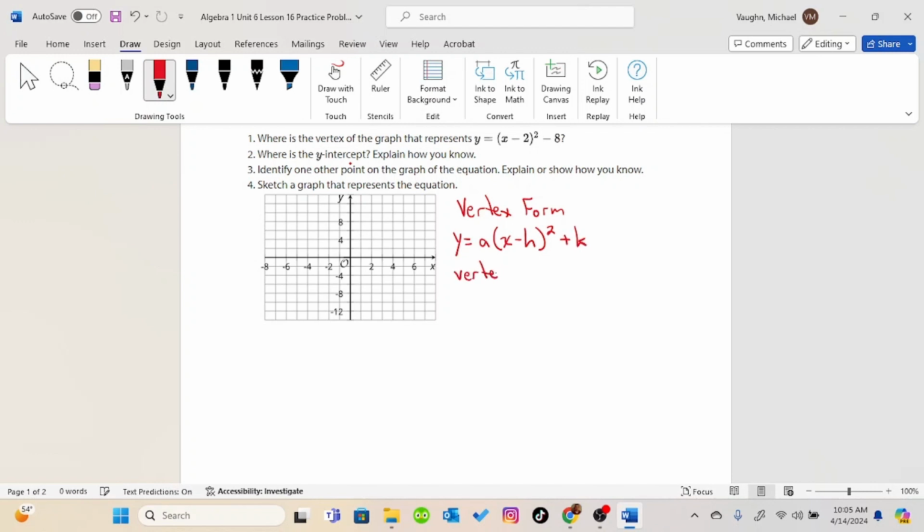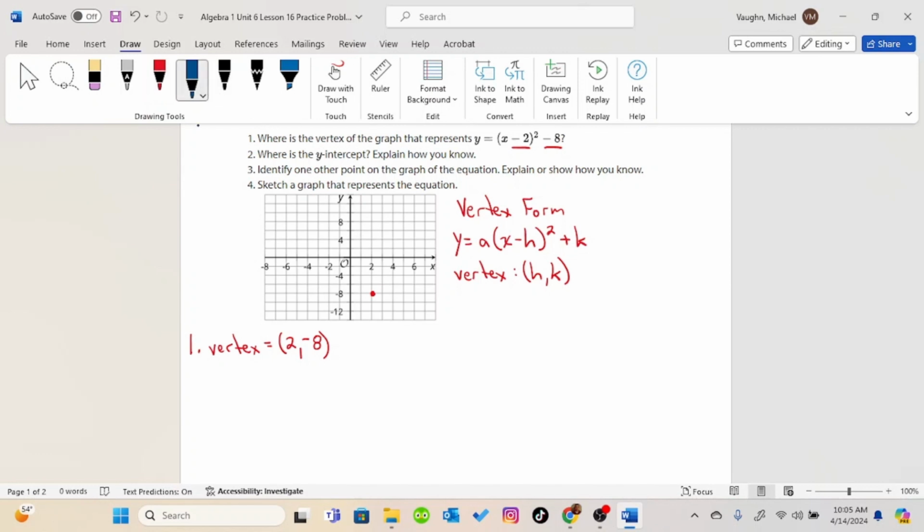And the vertex is at the point (h, k). So for number 1, h is going to be 2, and k is going to be negative 8. So positive 2, negative 8 is the vertex.